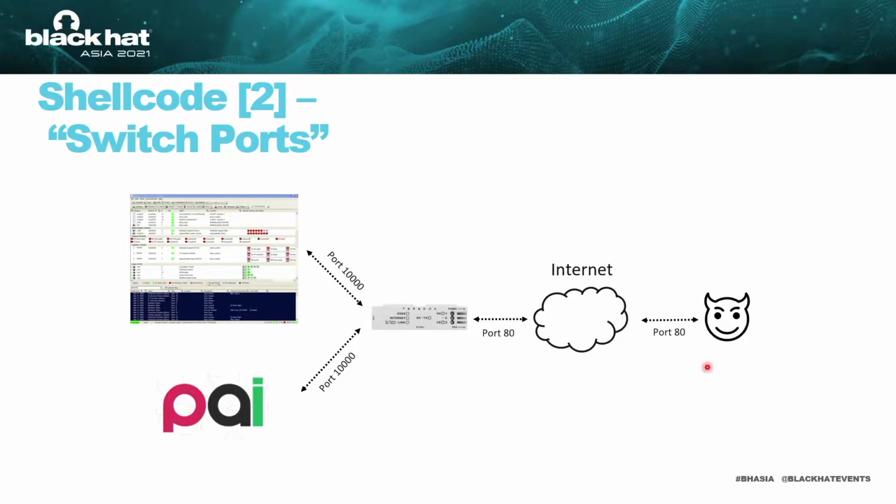My idea was to create another shellcode which would switch the ports. So after the first exploitation, and after we have the password, we'll exploit it again and tell it, okay, switch between the service that goes on port 10,000 and the service that goes on port 80.